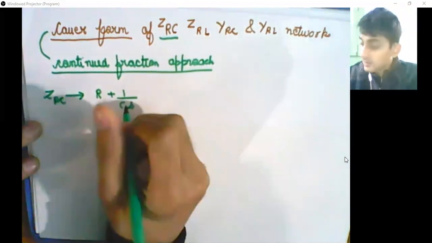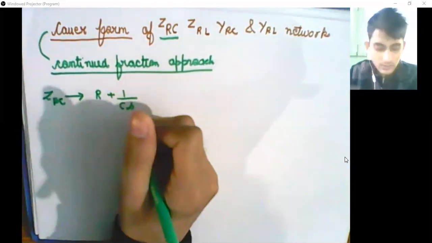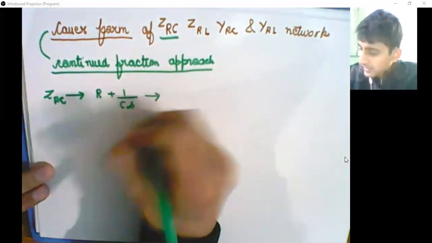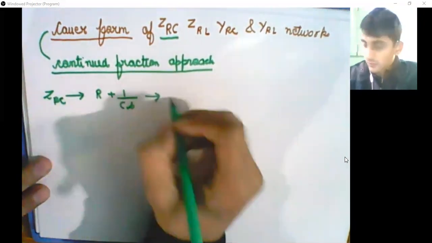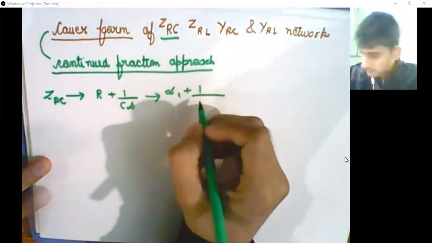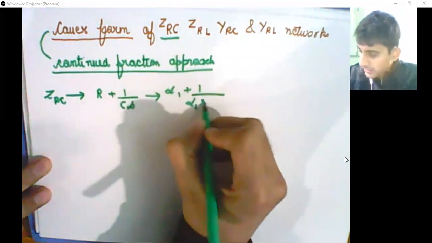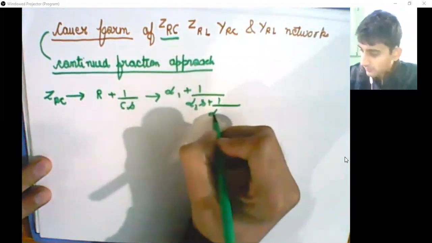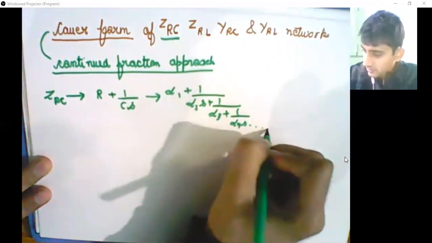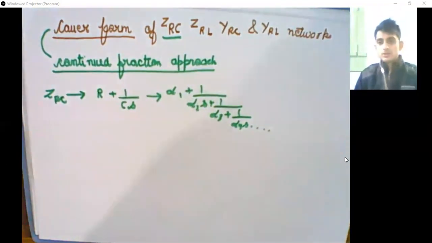So the continued fraction expansion can be of this form: a constant plus 1 upon alpha 2 s plus 1 upon alpha 3 plus 1 upon alpha 4 s and so on.